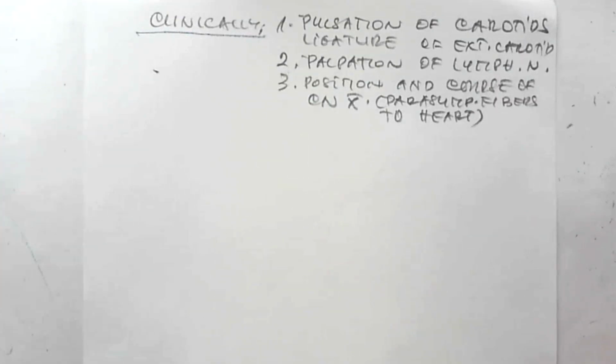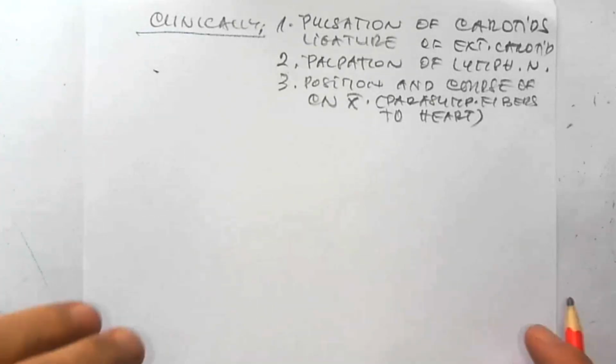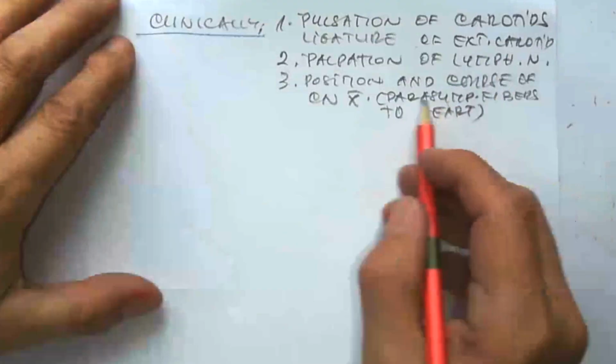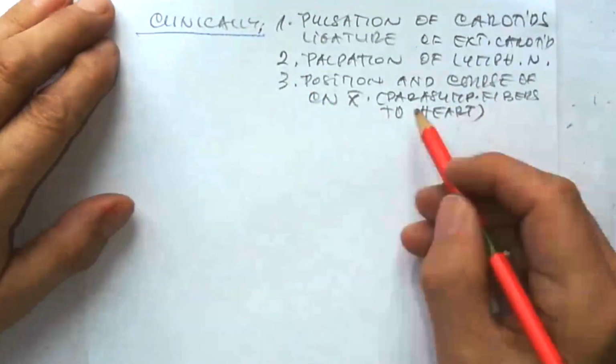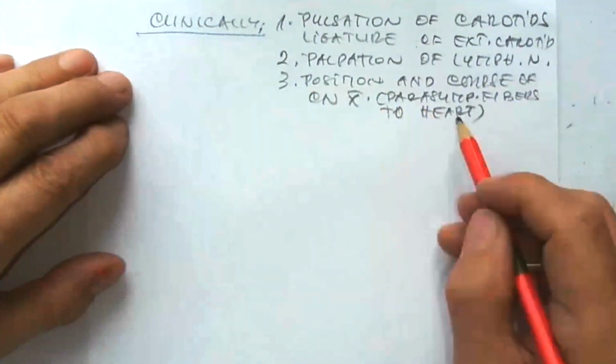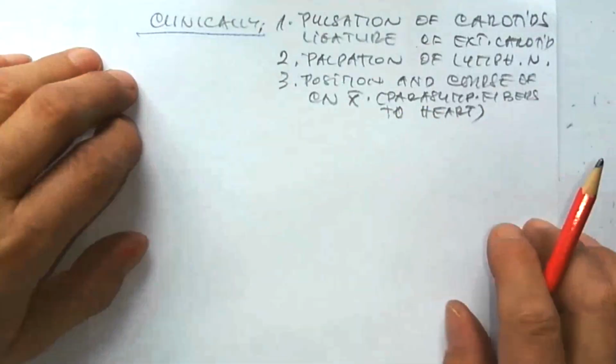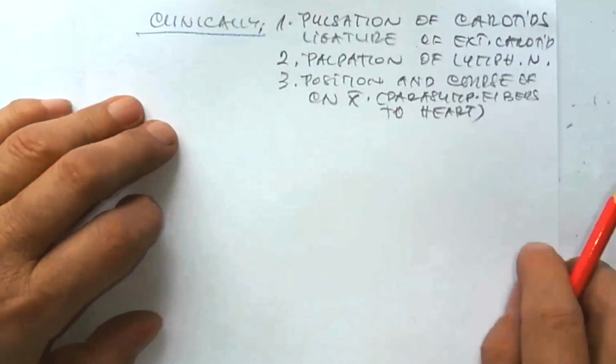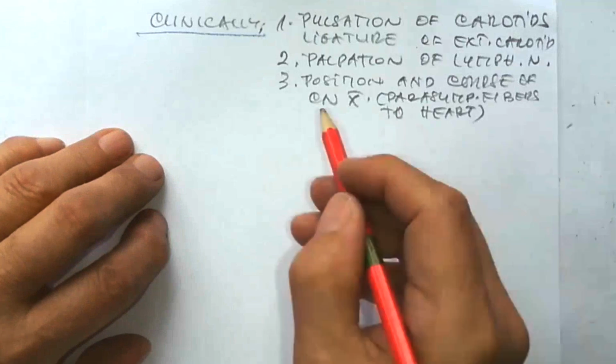Sympathetic increases the action of the heart, while the parasympathetic acts in the opposite direction. So if we compress the parasympathetic fibers, that means the vagus, we can slow the heartbeat, right? So to the heart, quite clear.